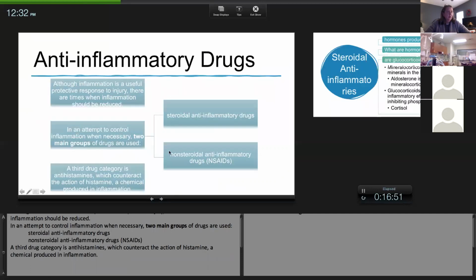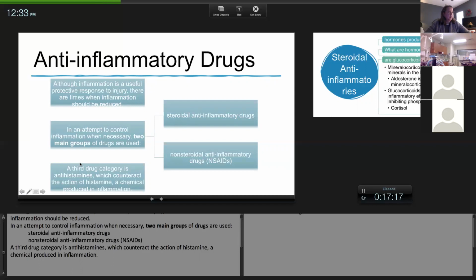So when you use a class of drugs, which we've talked about, anti-inflammatories, this is like a double-edged sword. You do need inflammation to initiate the healing. So it's a useful, protective response, but then we get to a point where we have to reduce it, because inflammation does produce pain. So you have to have some healing, but we also have to minimize some of the painful effects that come from that.